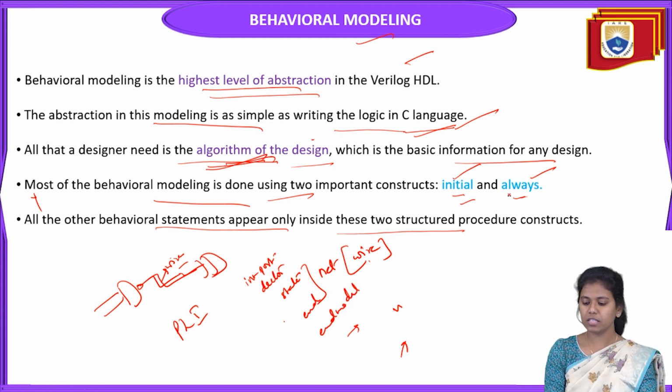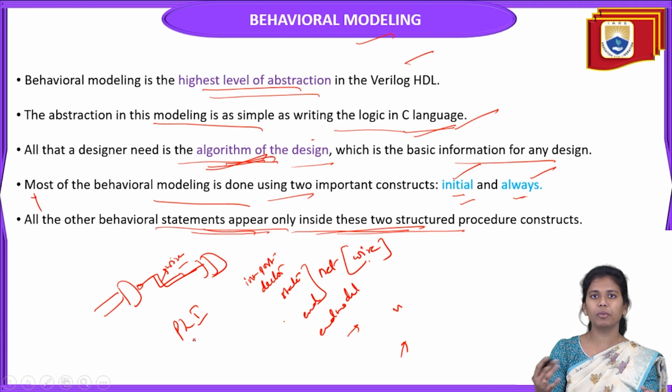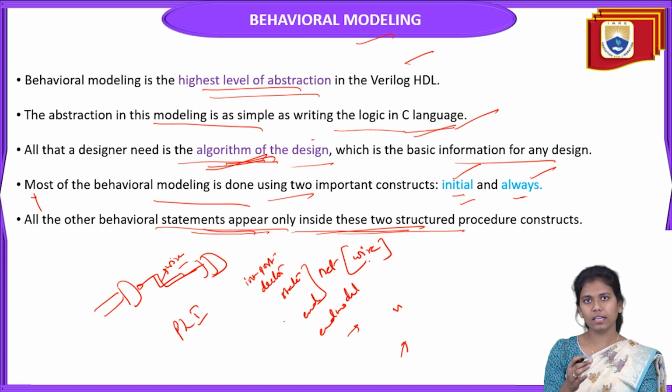So we will see initial and always in between, with the statements inside. Okay, the behavioral statements appear only inside of these two constructs, not beyond them. Whether it is always or initial, only inside the construct we will see all the statements. And how, we will see in the coming slides.